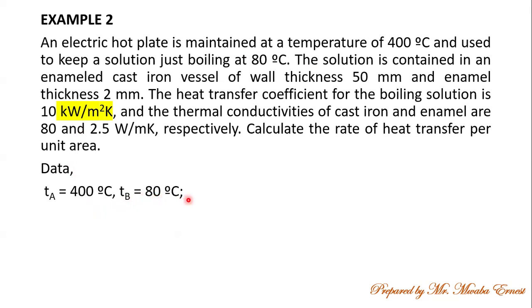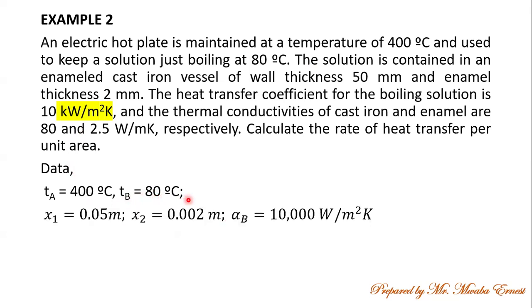So with that in mind, I have the X1, which is 0.05 meters. It was 50 millimeters as the thickness. X2, which is the enamel, is 2 millimeters. So 2 divided by 1,000, you get 0.002 meters.